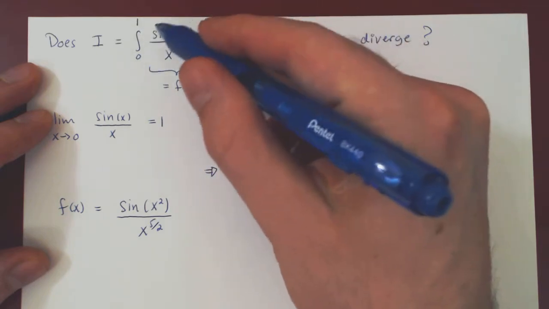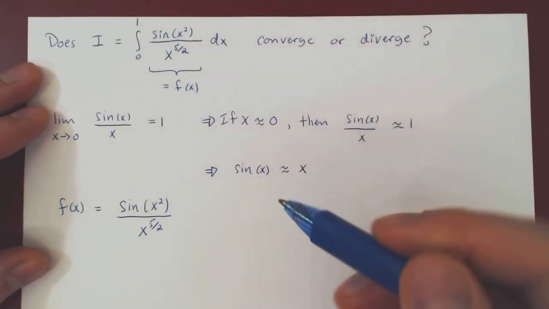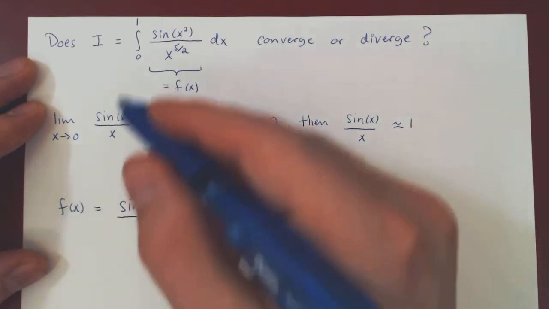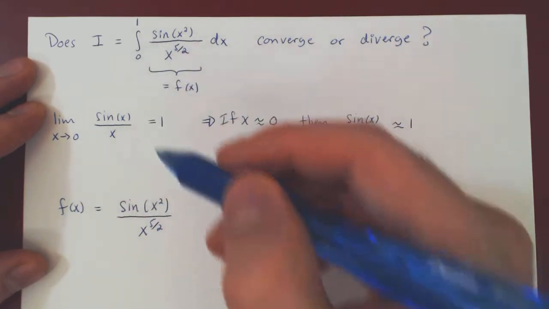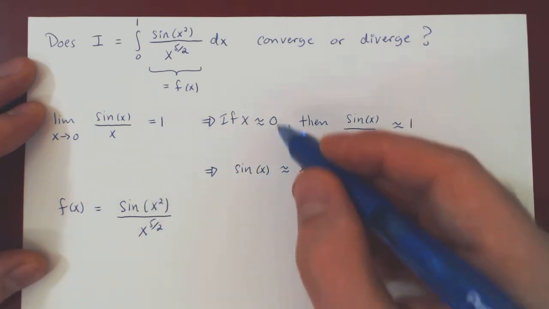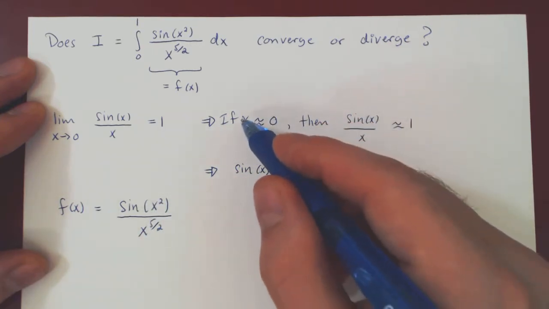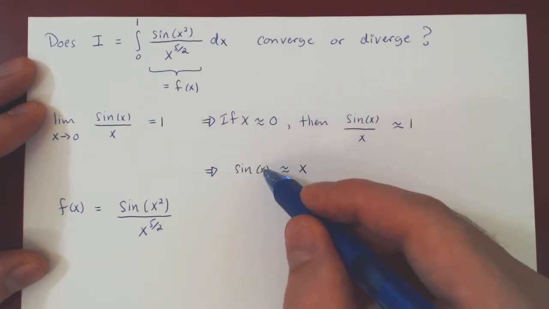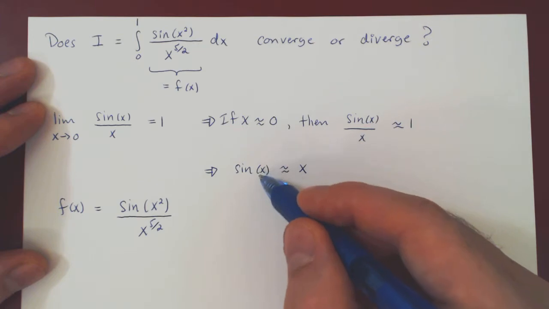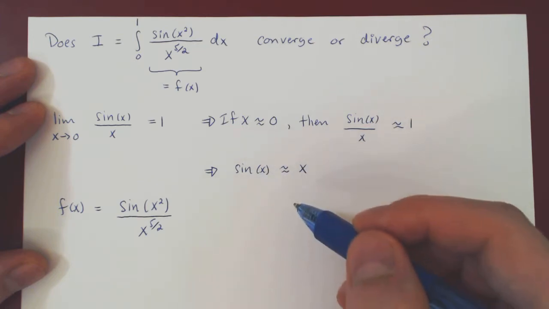Away from 0, everything else is fine, we have continuity. So we can look at the behavior of f close to its discontinuity, namely when x is close to 0. But x here is just a variable, right? What it says is, if the argument of sine is very small, sine of the argument is roughly the argument.